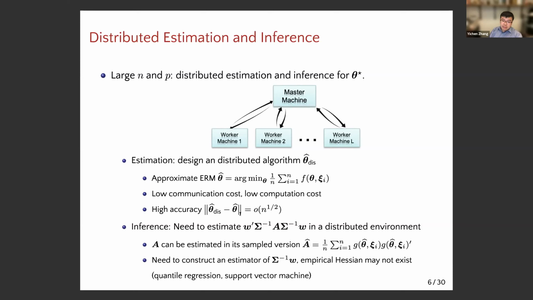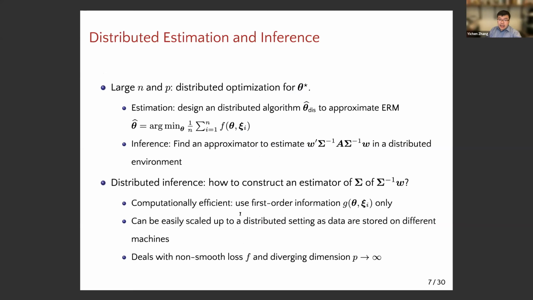So it will be challenging to estimate sigma, or directly sigma inverse W, when we receive the data. And we also want this procedure to fit into a distributed environment. So how do we construct an estimator of sigma inverse W?